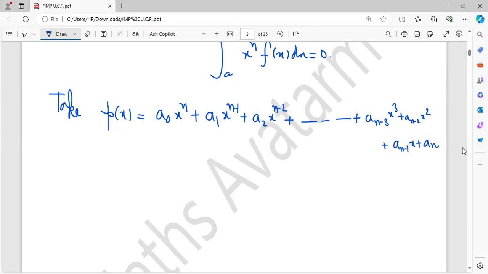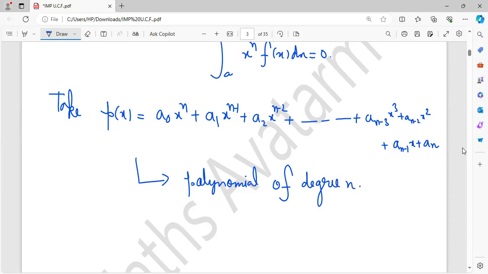So if we are taking any polynomial, this is a polynomial of degree n.